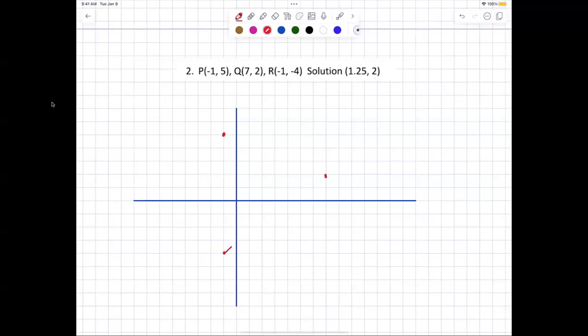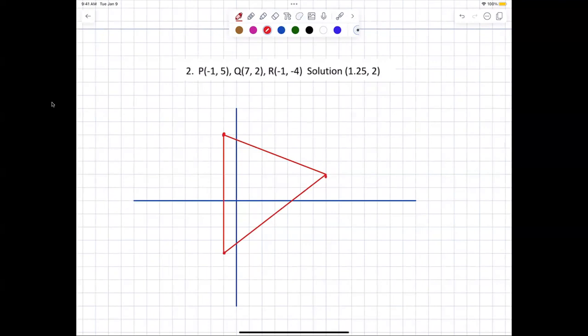Okay, so the reason why I say this one is easier is because there is a vertical line.